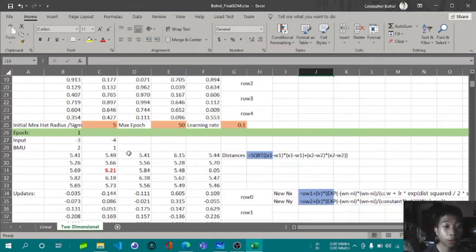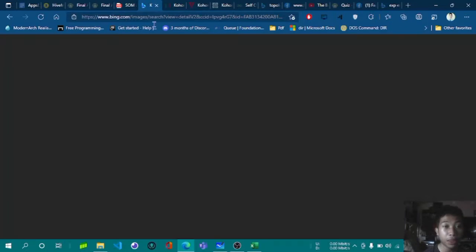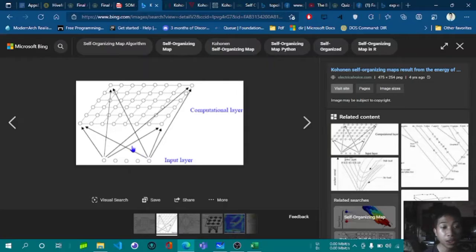So first, we need to find the value of each neuron. What I mean is, we initialize first the weight of each neuron. But what will be the final value of each neuron so that we can find the minimum value of its neurons?